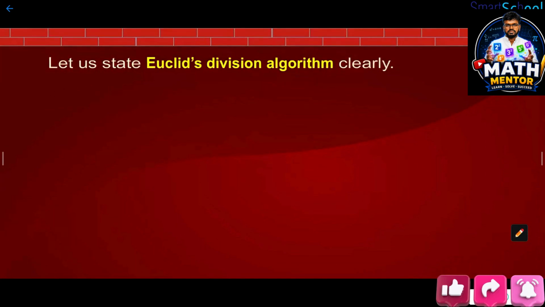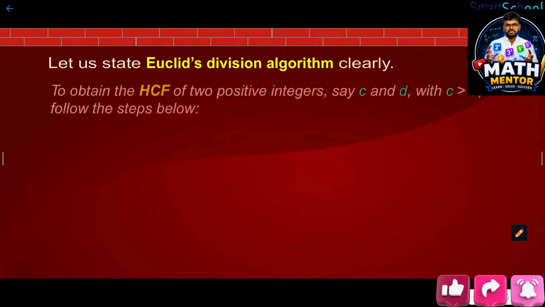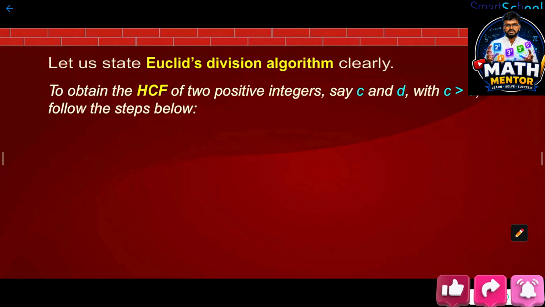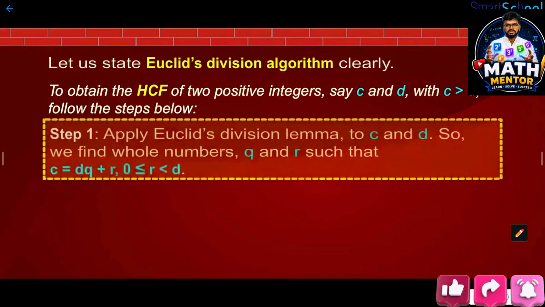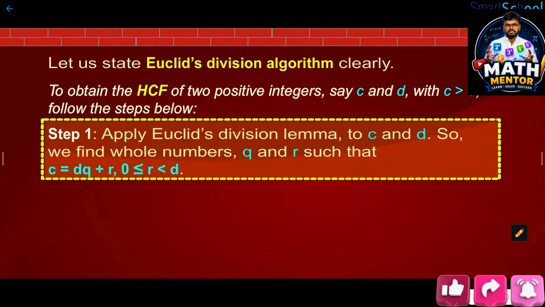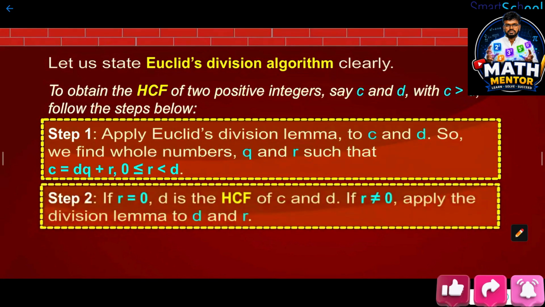So let's state Euclid's division algorithm clearly. To obtain the HCF of two positive integers, say c and d, with c greater than d, follow the steps below. Step 1. Apply Euclid's division lemma to c and d. So we find whole numbers q and r such that c is equal to dq plus r, where 0 is less than or equal to r less than d.